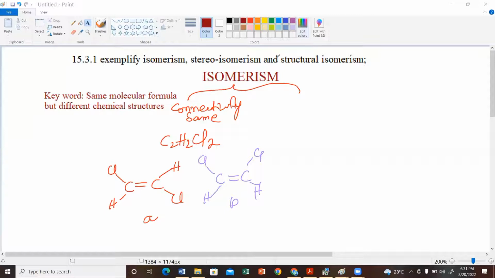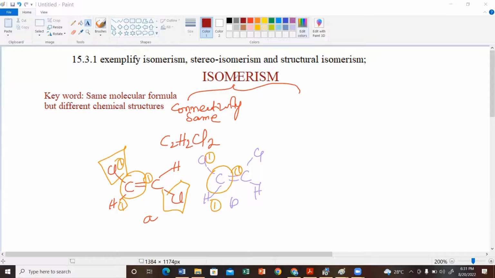If we look, the first carbon is directly bonded with 1 chlorine, 1 hydrogen, and 1 carbon. Similarly, in this, the first carbon is bonded with one chlorine, one hydrogen, and one carbon. But this carbon is having chlorine, that is a heavy atom, bulky group, upside, and the second carbon is having chlorine, that is a bulky group, downside. That means both carbons are having chlorine that are bulky groups in opposite direction.